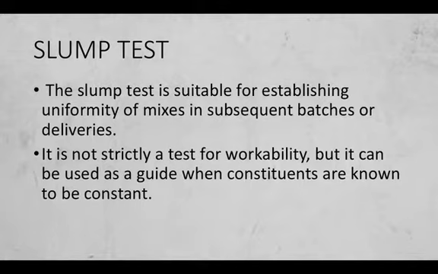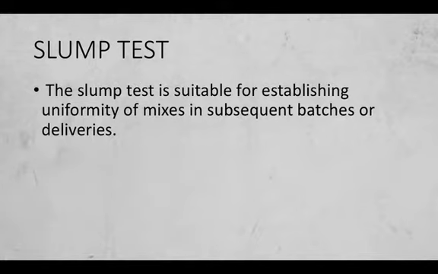What that means is that you use it as a marker to indicate when the different materials are constant. So we talk about the ratios. When we know the ratios, we use the slump test as a guide to see whether or not the mix is uniform, whether or not the mix is equally balanced and so on.